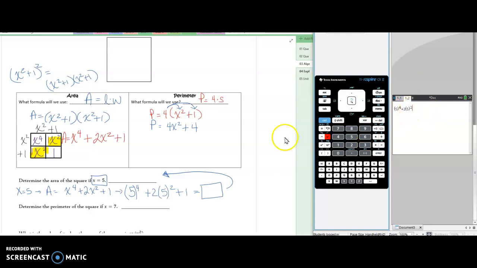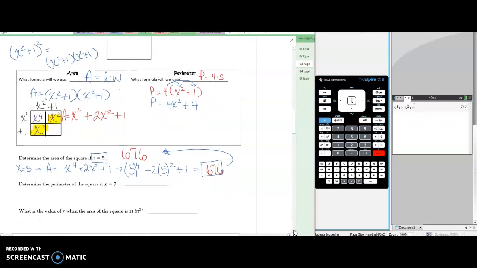If you hit the squared button, it already brings it back down, plus 1, then you just hit enter. Okay, 676. All right, I like that number, 676. Is the area of the square, 676 whatever units it is. Okay, didn't tell us, but that's what it is.